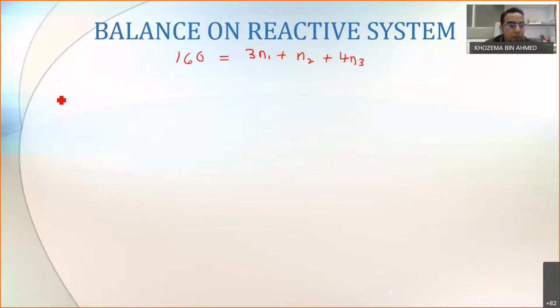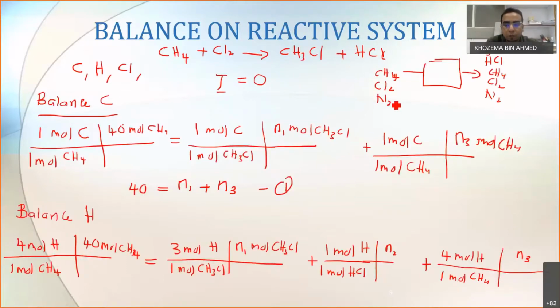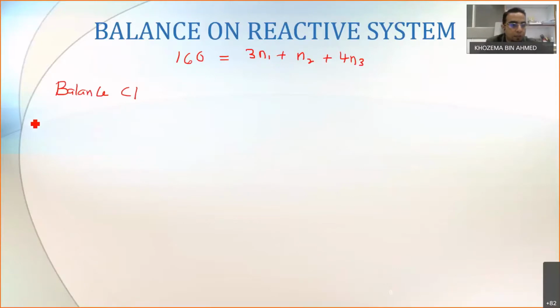So if we do balance on our chlorine, we know from our flowchart here that we have 2 mole of chlorine in 1 mole of chlorine gas, right? So I can just write here 2 mole of Cl in every 1 mole of Cl2, and initially I have 50 mole of chlorine.